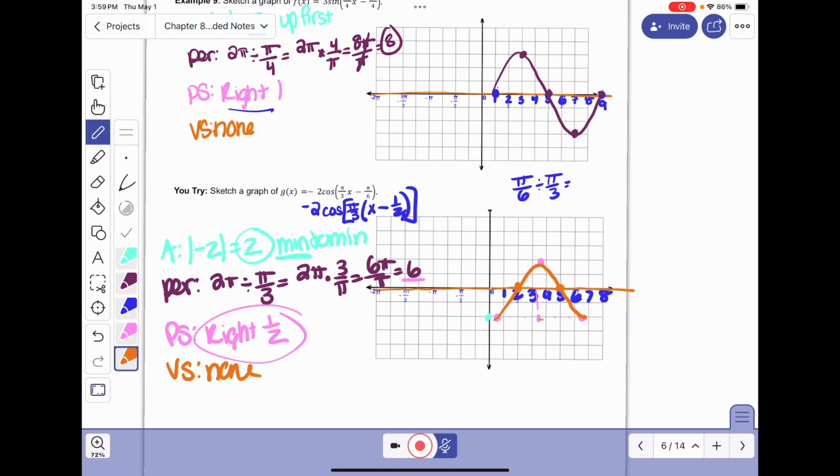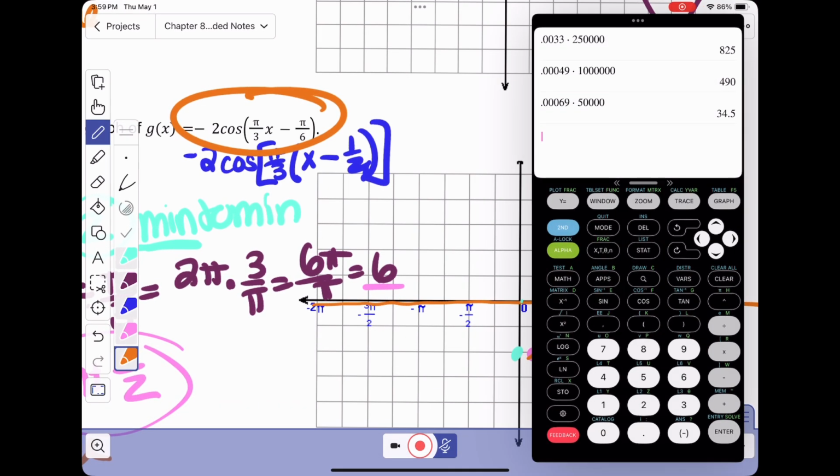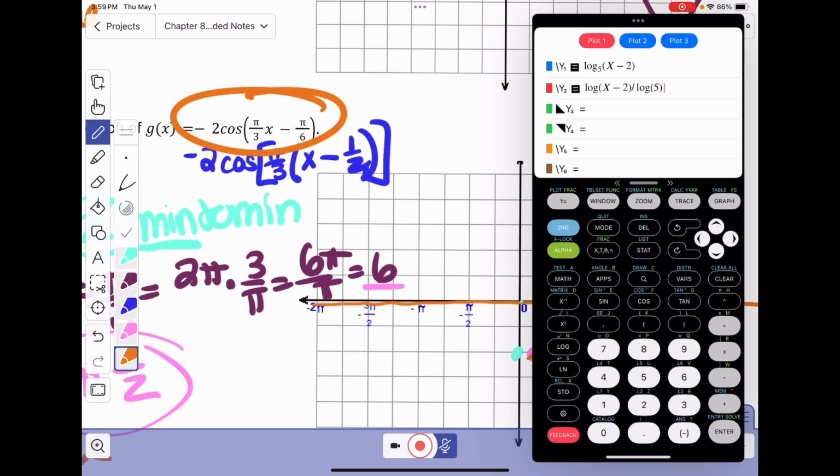So that is that. You can also put this in the calculator, if that helps you figure out how to draw it. If you hit y equals, and then type -2 cosine, and then in parentheses, you need pi divided by 3 times x minus pi divided by 6.